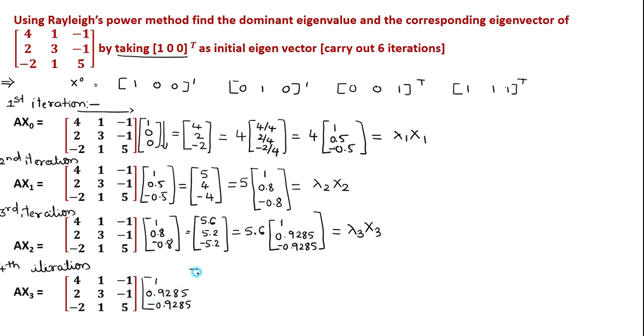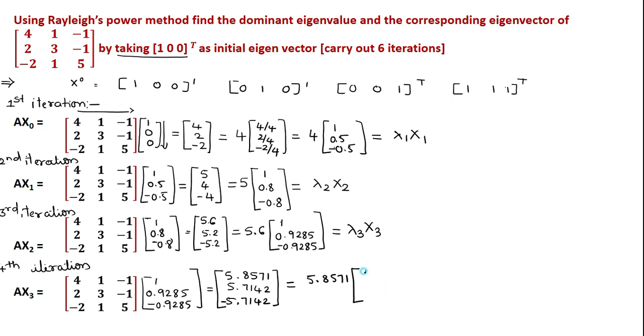The multiplication of these two matrices will give 5.8571, 5.7142 and 5.7142 with the minus sign. Here the largest element is 5.8571.